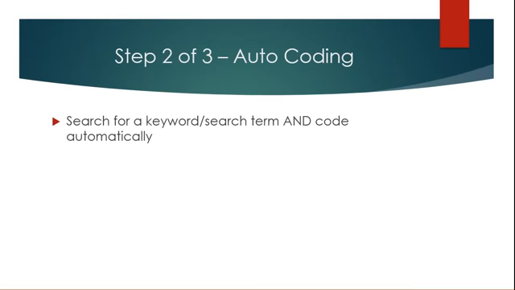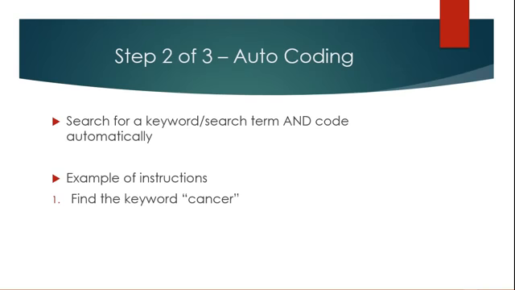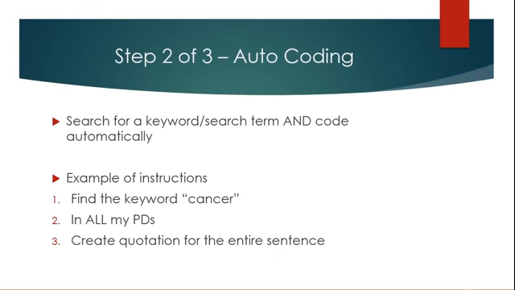I'm going to give a sample instruction here. I want Atlas TI to find for me the keyword cancer in all my PDFs, and once found, please create a quotation for the entire sentence which contains that keyword cancer and to code it with cancer. I hope you can follow me so far.